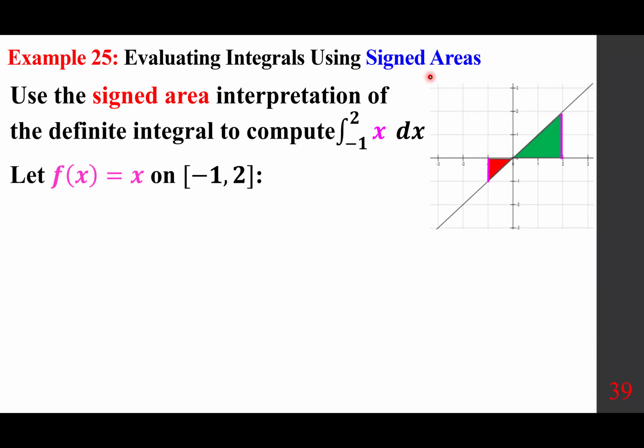It represents the actual area under the curve if the entire function is above the x-axis and it's positive. So having said that, you can clearly see that we can calculate this because it's a geometric shape we are familiar with. This is a triangle, so is this one. And the area of a triangle has the formula 1/2 base times the height.